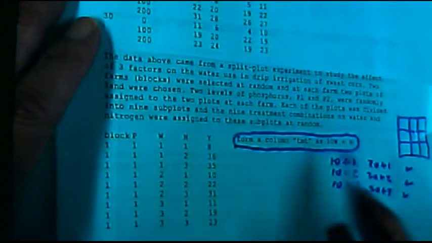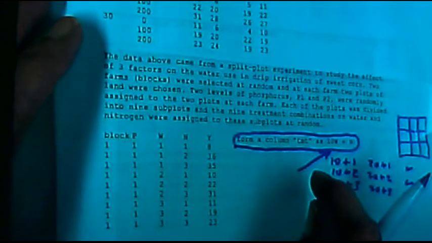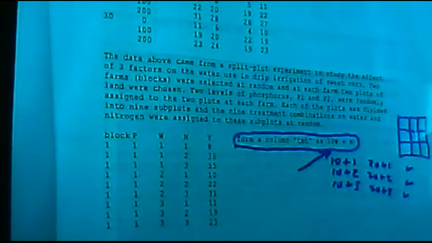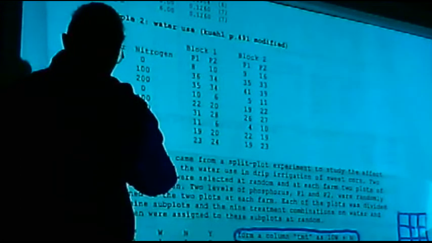So this is just an artificial way to generate a column with 9 different numbers in it. That's all I'm trying to do here. So this new column is 11, 12, 13, 21, 22, 23, 31, 32, 33.